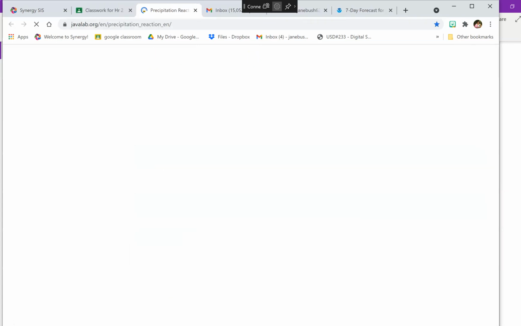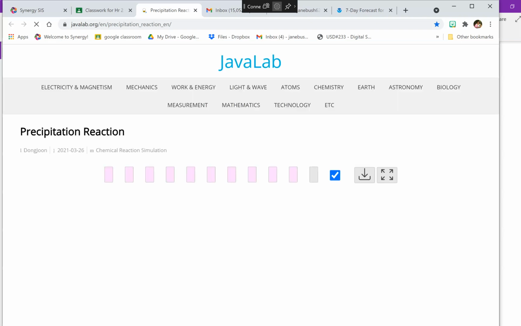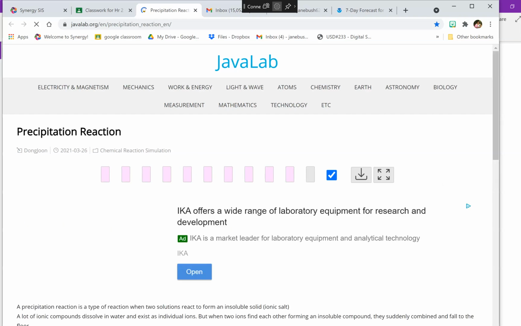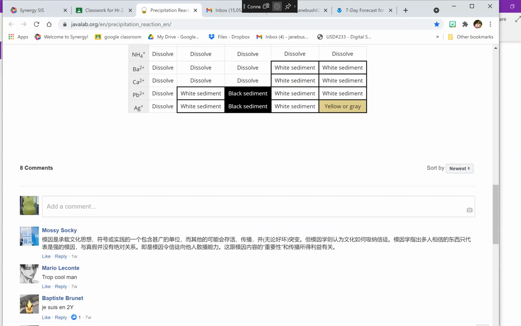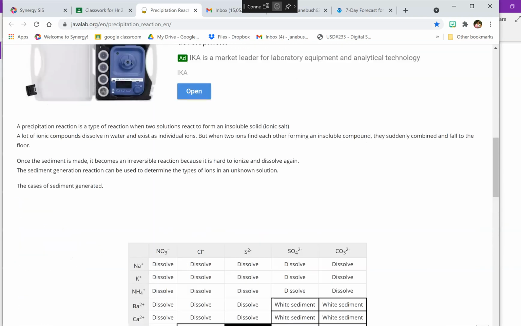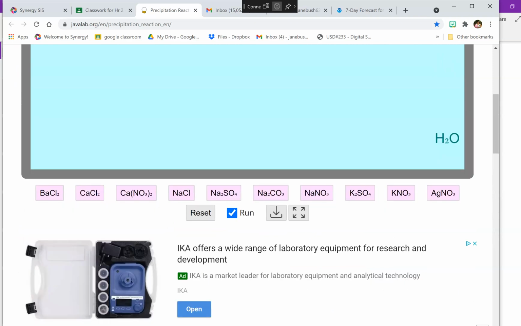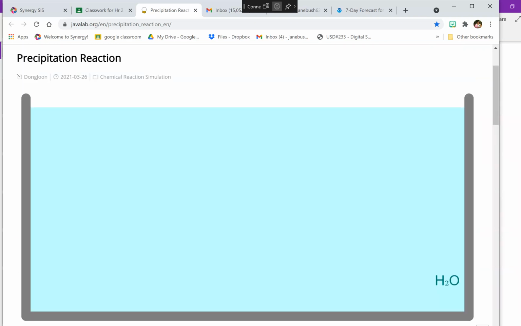This is a lab that my College Chem online kids did. You guys are going to do a lab on Monday that is similar to this. You did not do this lab. No, I said the app. Okay, here it is. No, you did not use this app.